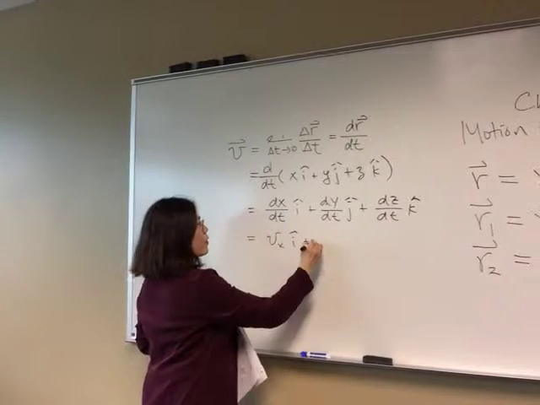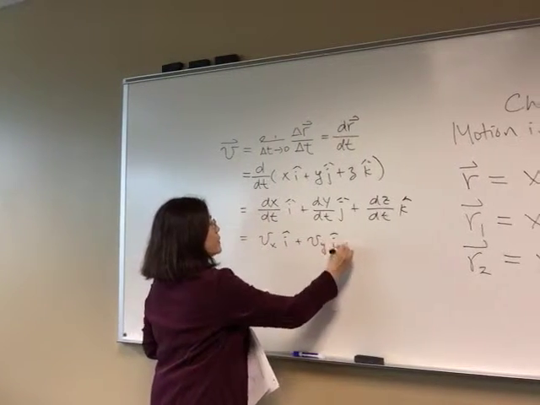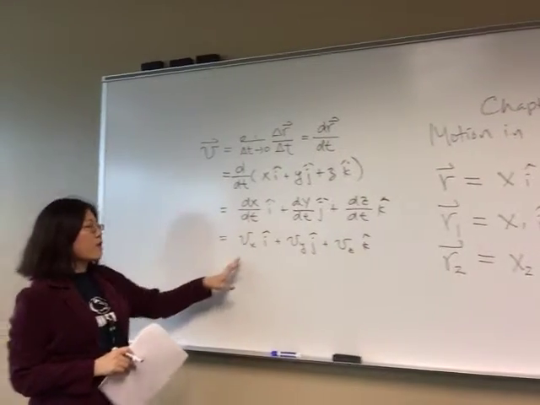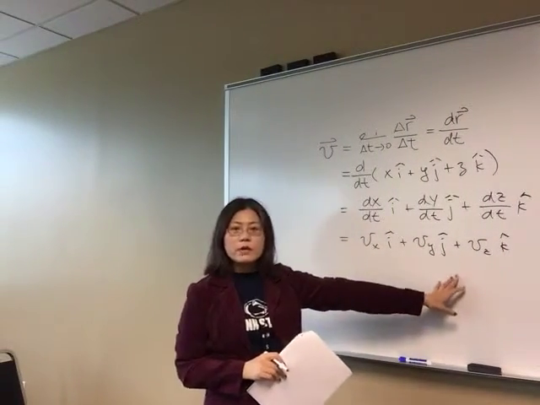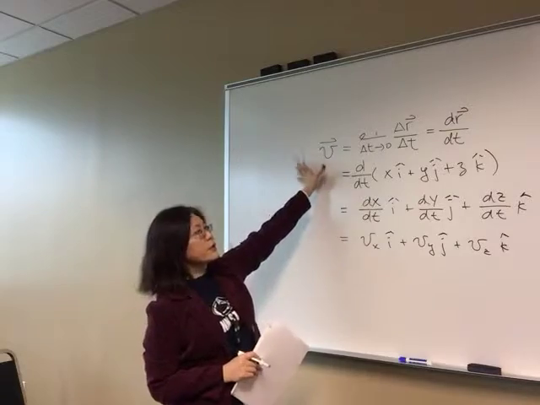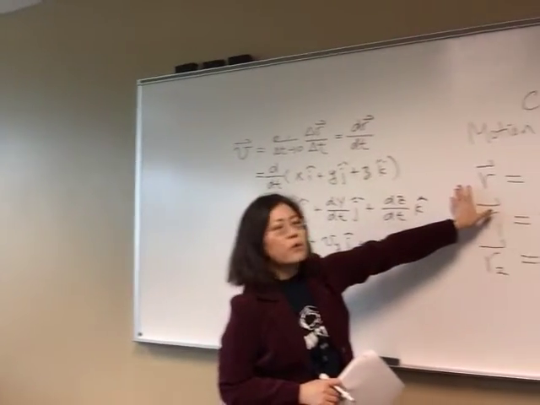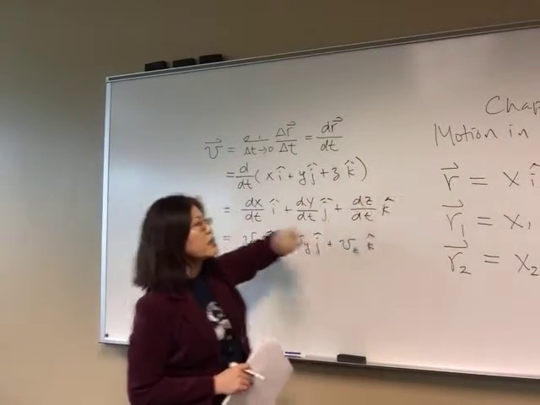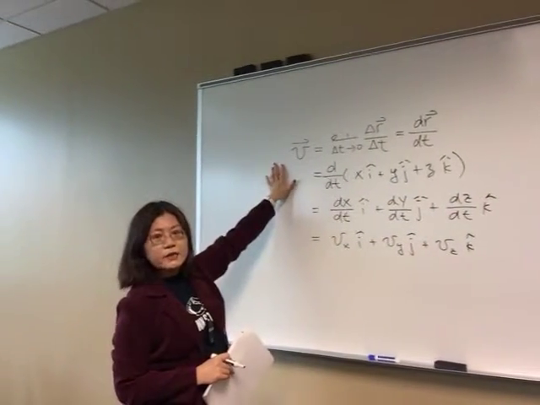We do the same thing for the y component, and the same thing for the z component. So in a three-dimensional case, you have the x, y, z components, and this is exactly the same mathematical form as the position vector. Okay, so this is the position vector, and this is your instantaneous velocity.